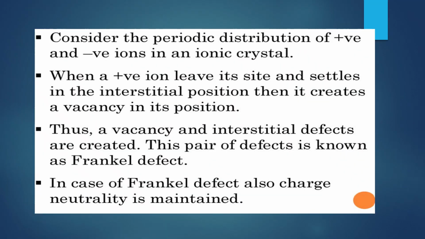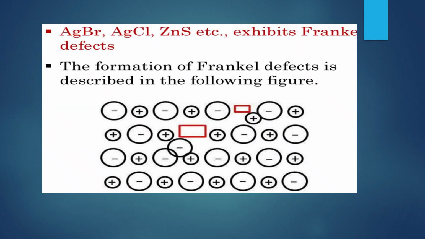Frenkel defect occurs when a small ion leaves its normal lattice site and moves to an interstitial site. A cation vacancy at its original site, and an interstitial cation at the new position. Let us take an example of AgCl for the formation of Frenkel defect to describe the following figure. In AgCl, the Ag plus ion is much smaller than the Cl minus ion. The Ag plus ion leaves its normal lattice site and moves into the interstitial position.